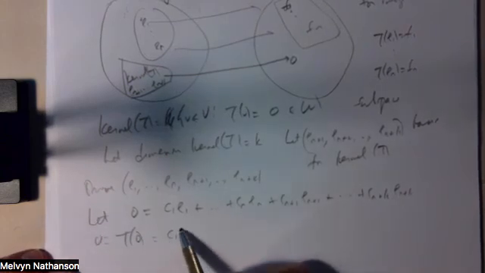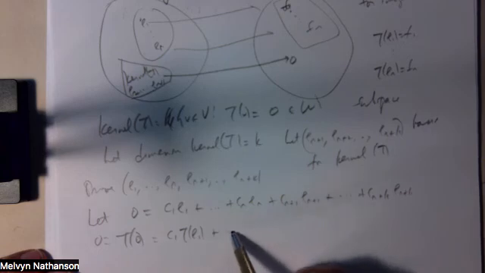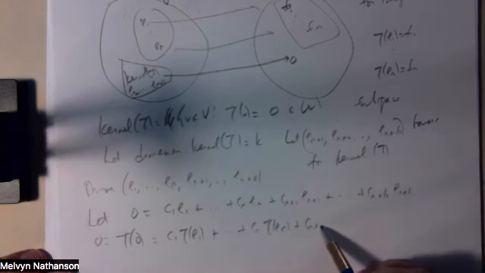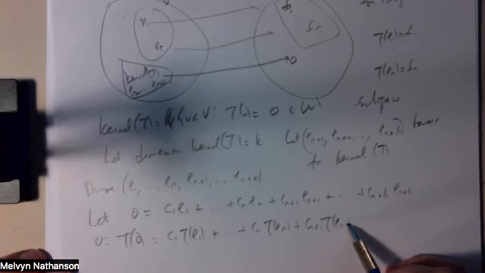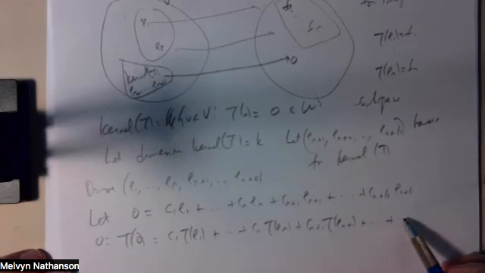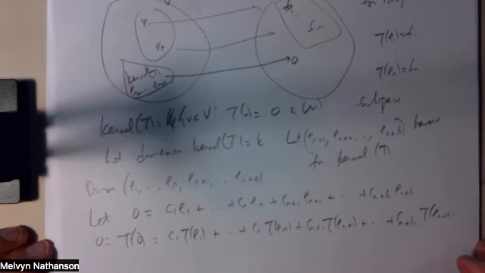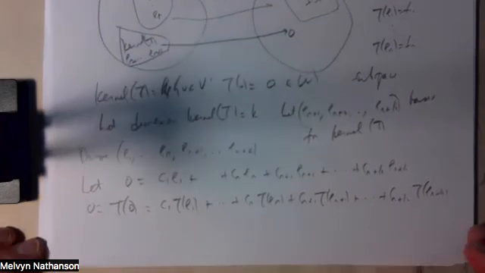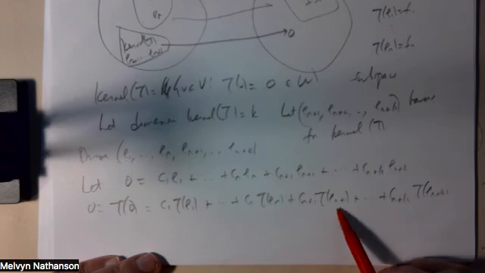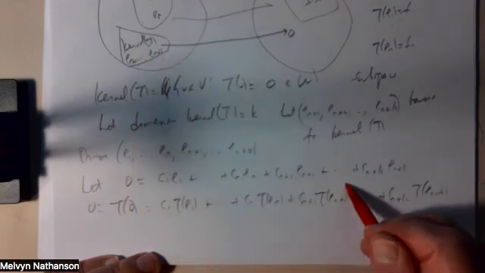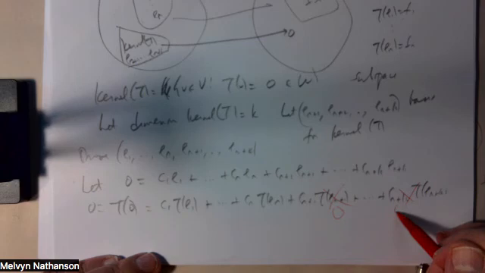So this is going to be c1 T(E1) up to cR T(ER), c_{R+1} T(E_{R+1}) up to c_{R+K} T(E_{R+K}), because T is a linear transformation. But E_{R+1} up to E_{R+K} are in the kernel, so each of these vectors is 0.